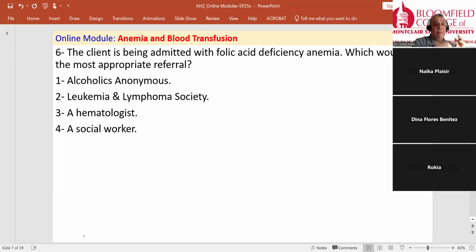So folic acid will be one of them. Alcohol consumption increases the use of folate, and the alcoholic diet is usually deficient in folic acid. So we have to refer them to Alcoholics Anonymous. That would be appropriate.